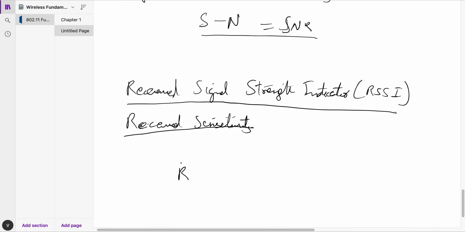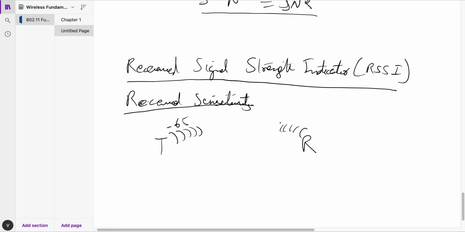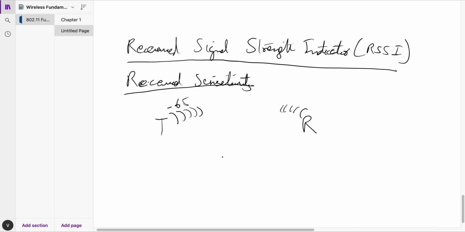Now, if this is a transmitter and this is a receiver, the transmitter is sending signals at whatever power. I'm receiving the signal, let's say this sent the signal at, let's say, minus 65. By the way, the RSSI value, received signal strength indicator, can vary from 0 to minus 255.